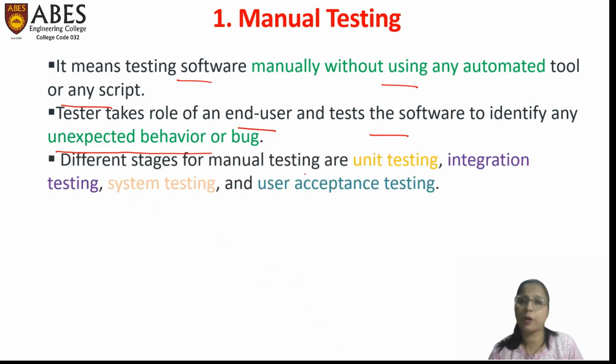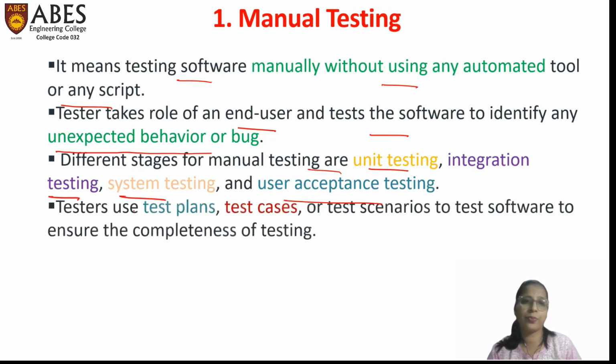The different stages of manual testing are unit testing, integration testing, system testing, and user acceptance testing. The tester uses a test plan, which says when they will do what type of testing. It is a plan that is first made, and they move ahead with that plan.